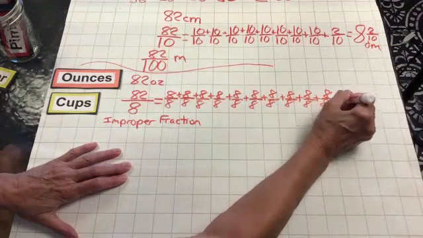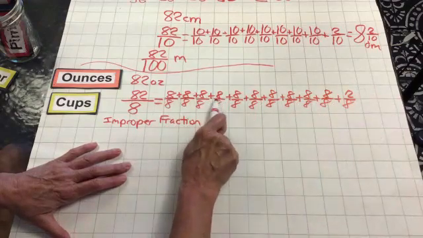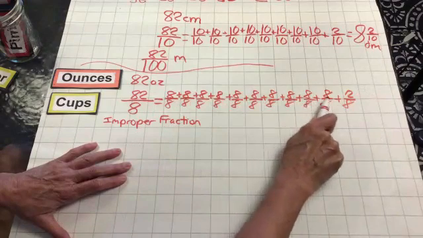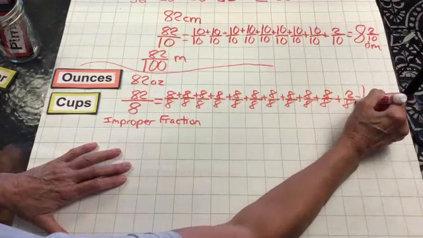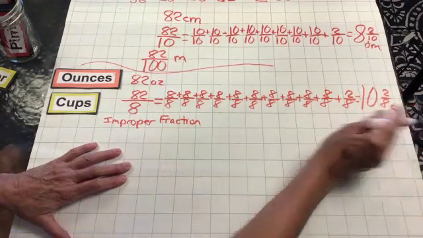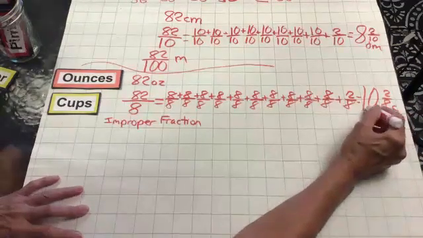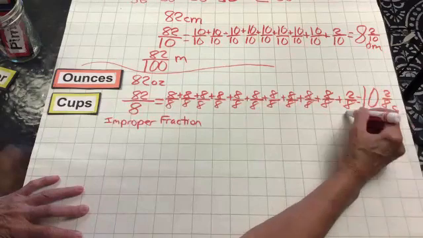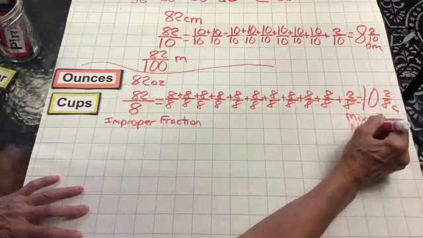And then we have 2 more, 2 over 8. So that is 10 times 8 is 80 plus the 2. So we have, whoops, a little equal sign here, 10 and 2/8 of a cup. Beautiful. And this is called, when we have a whole number and a fraction, that's called a mixed number.